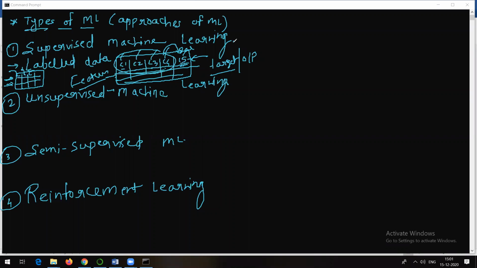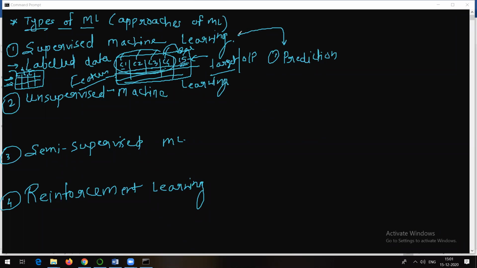Now, with the help of supervised machine learning, we can solve two types of problems. The first type is prediction problems. The example I have already told you is predicting the salary of a person based on his interview score, or maybe his current salary.